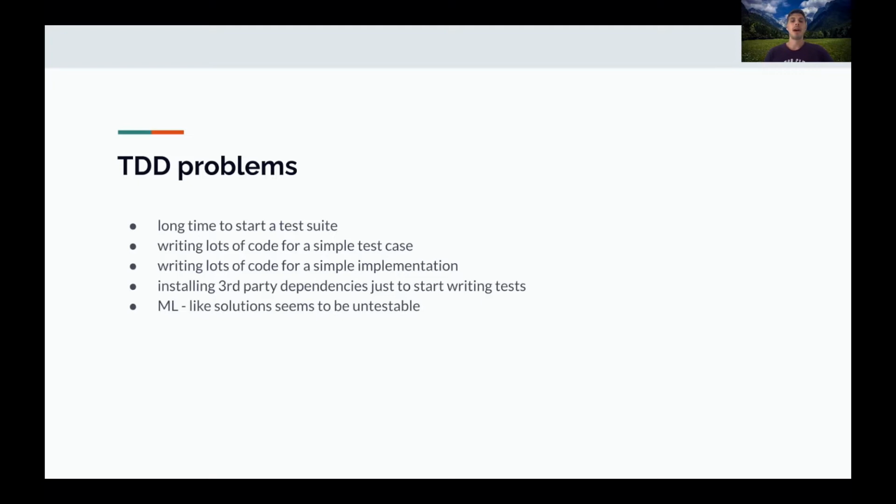And when you're in Python world, sooner or later, you will hit some machine learning-like solutions, and they may seem untestable at first because of their non-deterministic nature, which means that the given input X may not produce the same output through the time.